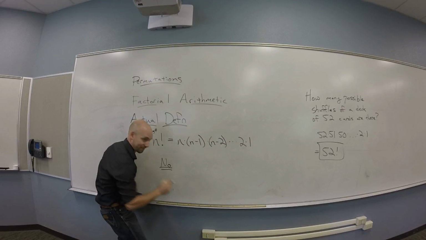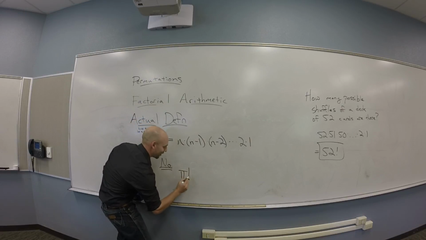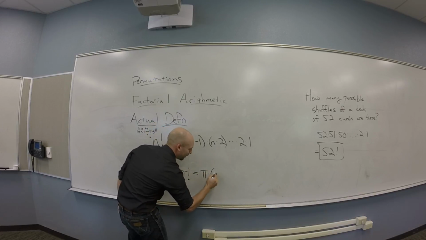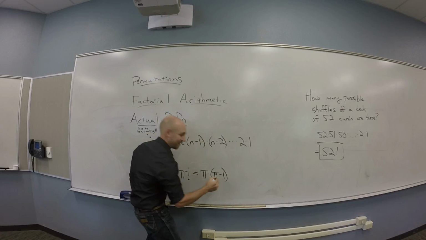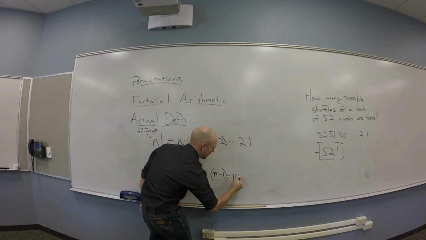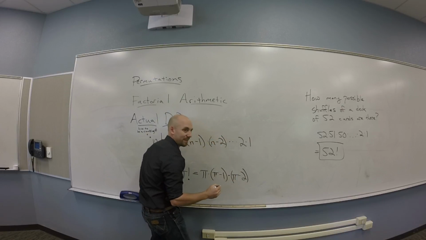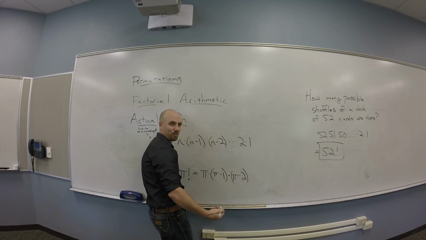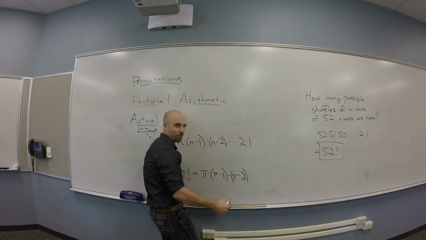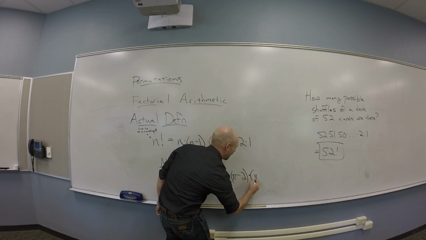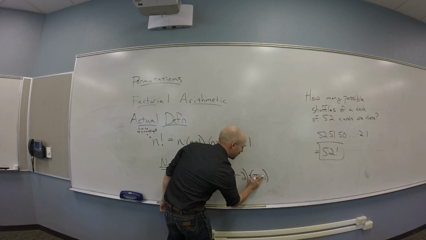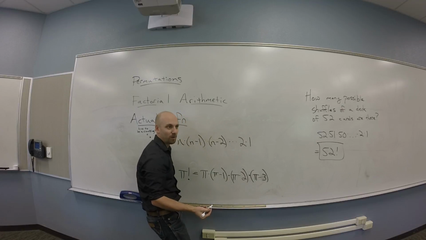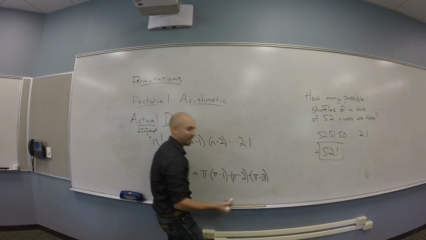Pi factorial would read pi times pi minus 1 times pi minus 2. That's like how big, ballpark? 1.14? Okay, so I can do at least one more. Pi minus 3. So that's like 0.14.